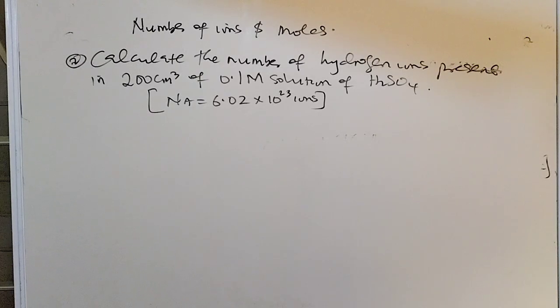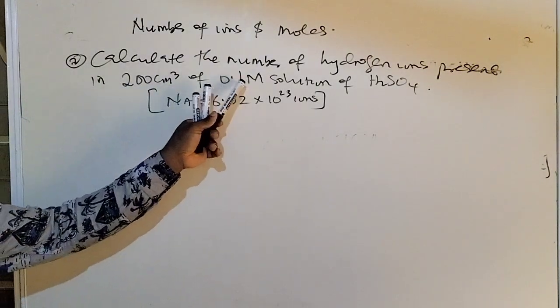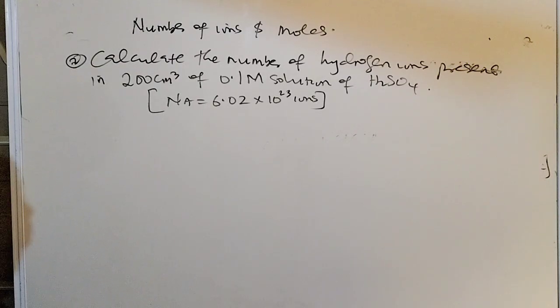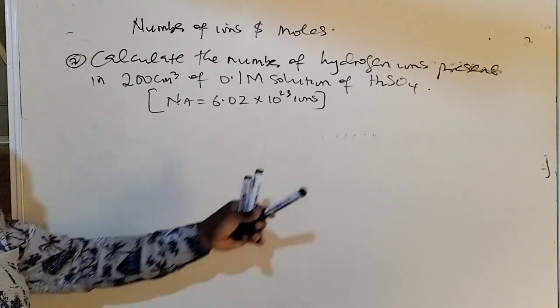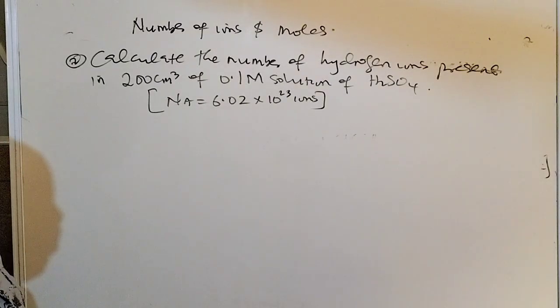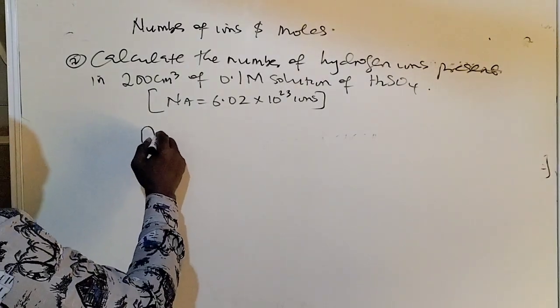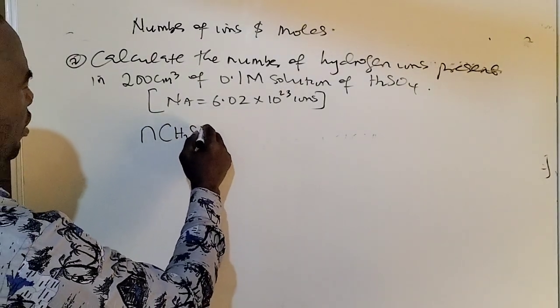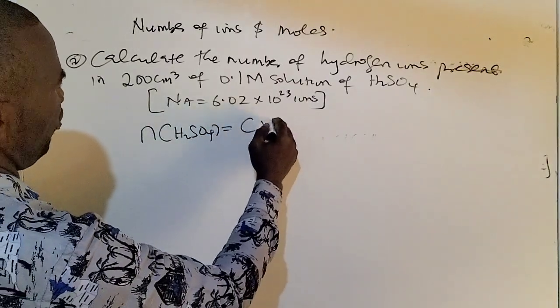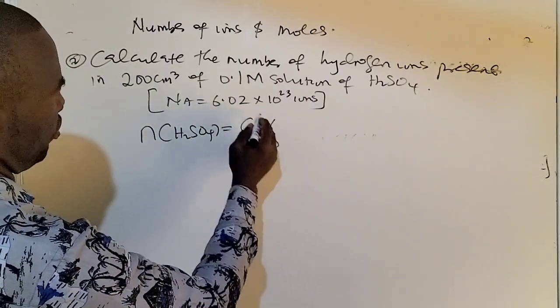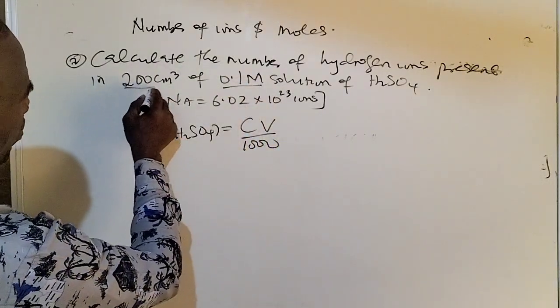This question is more like the previous one because we're looking for the number of ions. In the previous one, we were given the mass of the substance, but in this one, we're given the volume and concentration. All the same, we're going to find the number of moles of the substance, which is H2SO4, before we continue. In this case, I'm going to apply CV over 1000 because we're given the concentration and the volume in cm cube.